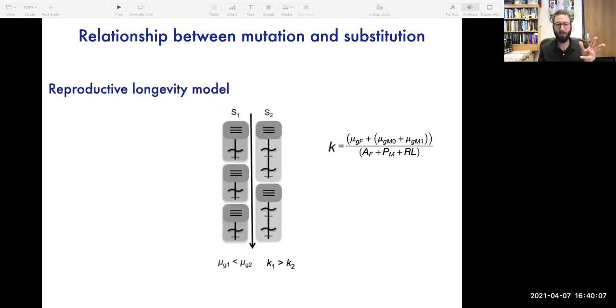And then the reproductive longevity model is a model in the middle, because there's a little bit of fixed effect, and then there's some association with age. So again, there's an asymmetry in mutation rates and a slight asymmetry in substitution rates.